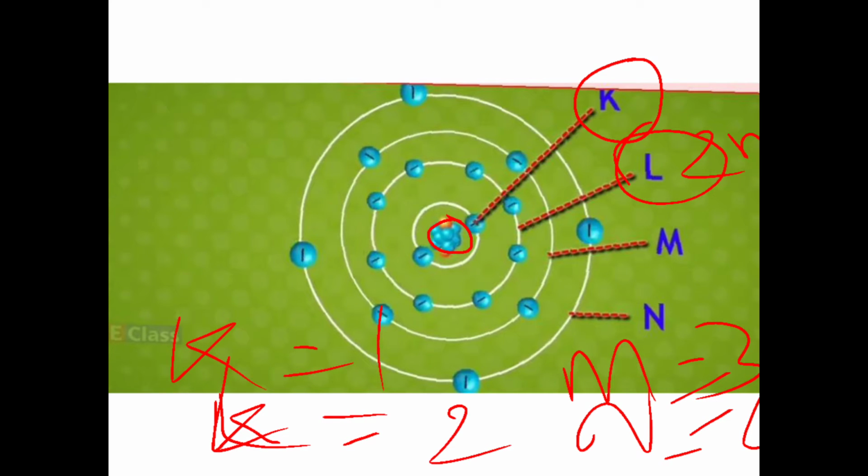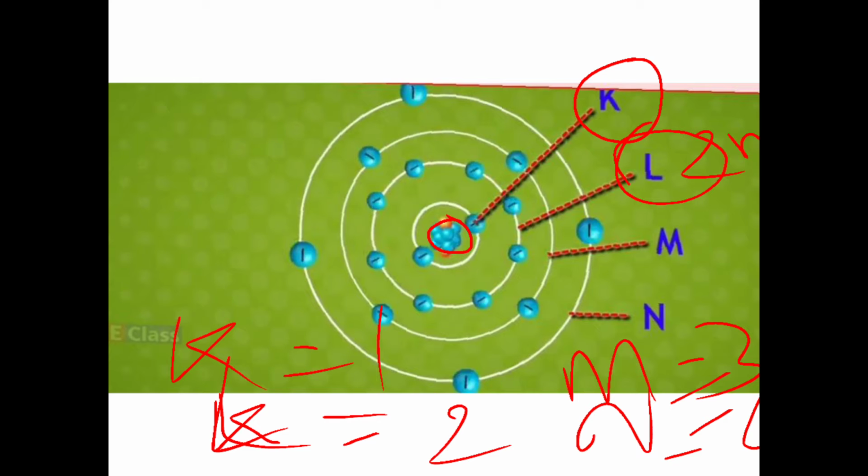So K, L, M, N, like that the shells go. These are all the energy levels around the nucleus where the electrons are. So we have a certain order. All the electrons have very good discipline in them. They are following a certain rule.